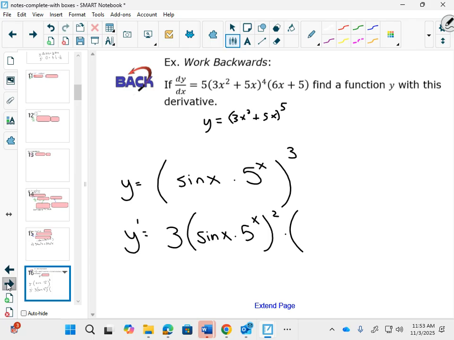Then when I go to do the derivative of the inside, do you see that it's a product rule? How do we do a product rule? We keep the first one the same, multiply by the derivative of the second one, plus keep the second one the same, multiplied by the derivative of the first one.